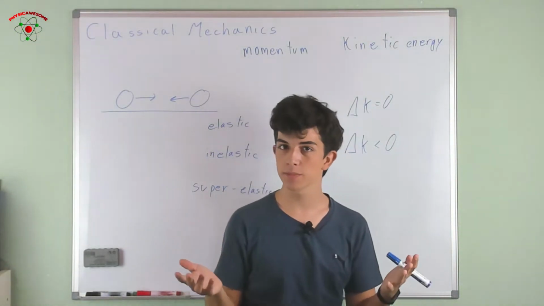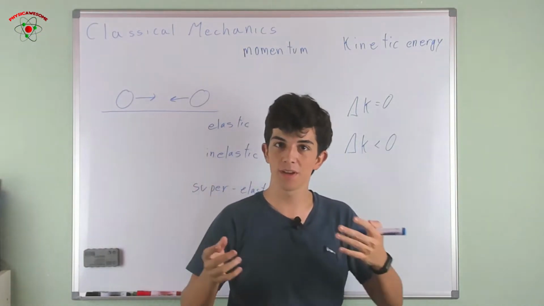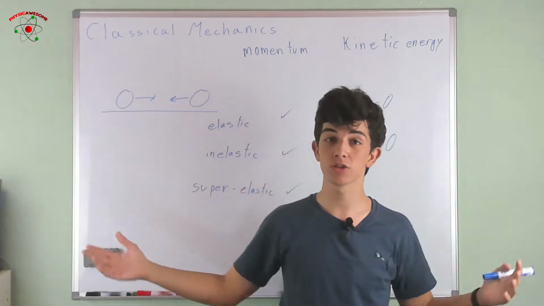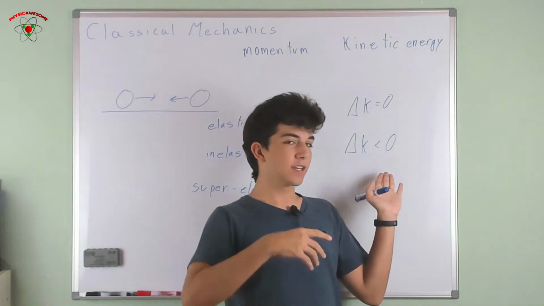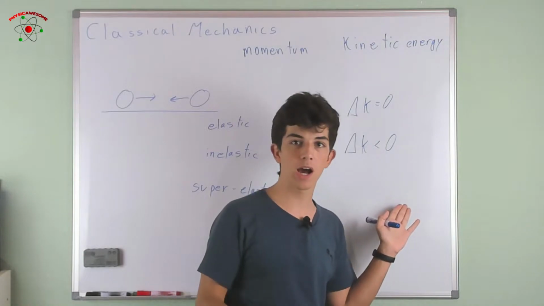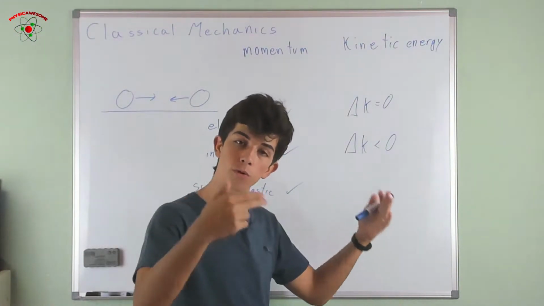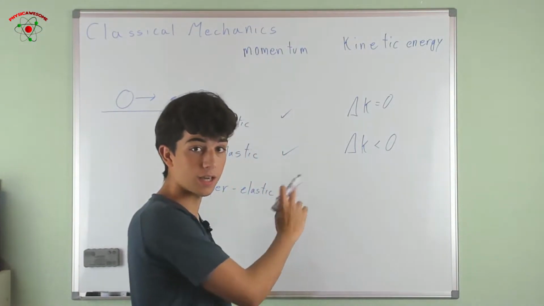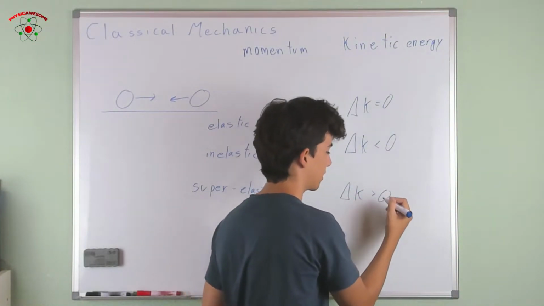And there are other times, for example, when you have a bomb, in which if you throw it and you cross it with something, the kinetic energy is going to grow pretty high, because there is some external thing that has happened, for example, a chemical reaction in an explosion or similar, that has transformed into kinetic energy. And therefore we have these superelastic cases in which the change in kinetic energy is bigger than 0.